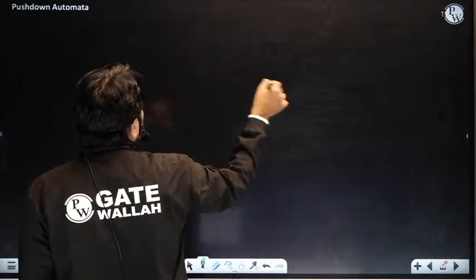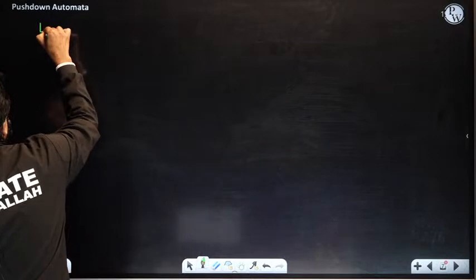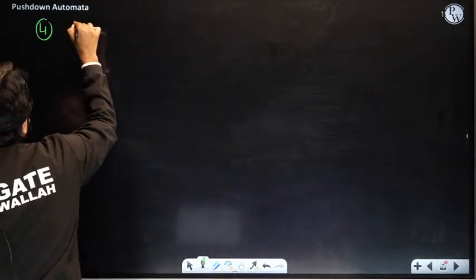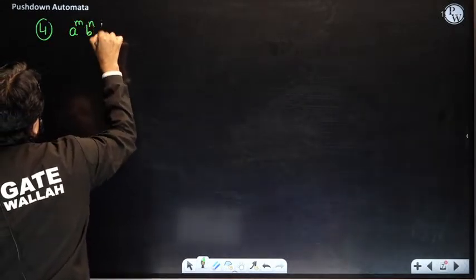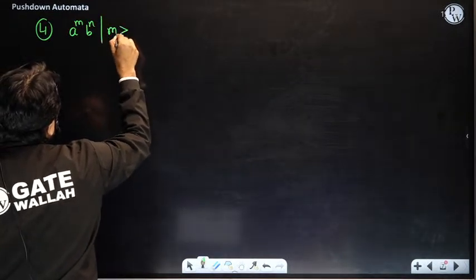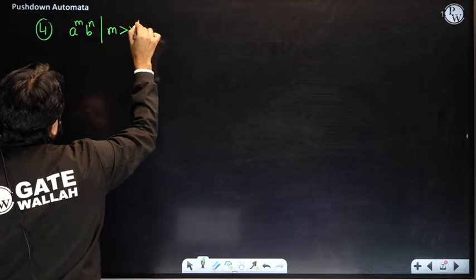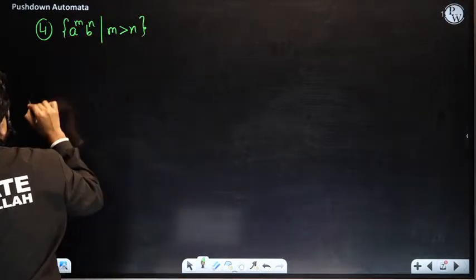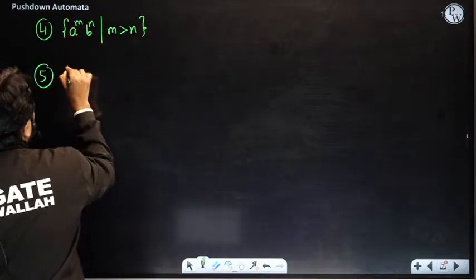Okay, before starting the fourth problem, fourth, fifth, you just think about it. Fourth, A power M, B power N, such that M is greater than N. Fifth, think about these problems now.